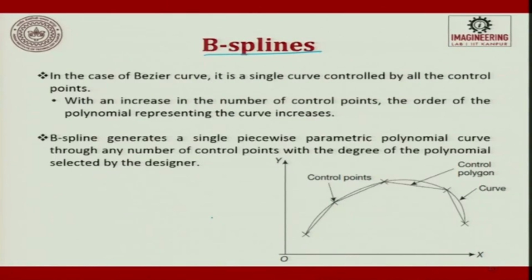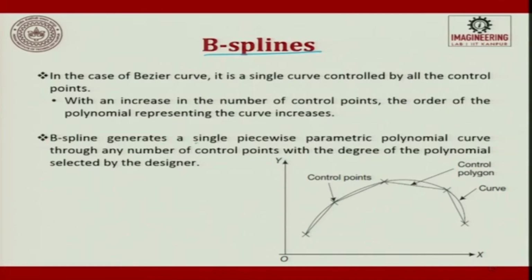So, the next curve that came was the B-spline. In the case of a Bezier curve, it is a single curve controlled by all the control points. With an increase in the number of control points, the order of the polynomial representing the curve increases. So, more and more data points.